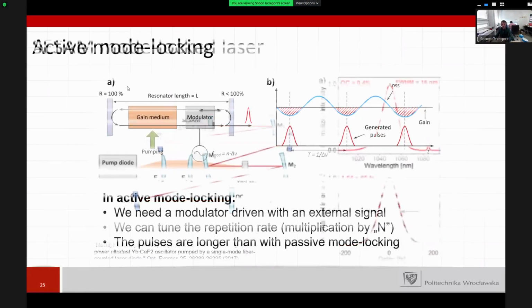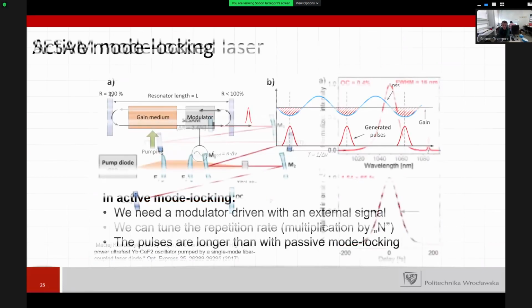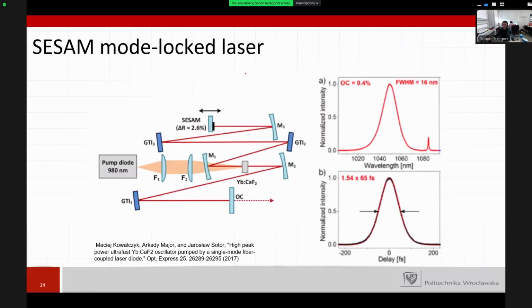So here you can see an example of a mode locked laser setup, which is mode locked with a semiconductor saturable absorber. So the SESAM. So you can see the arrangement of this laser.